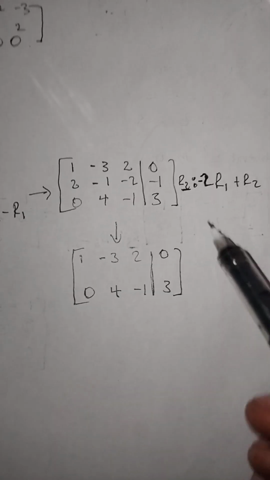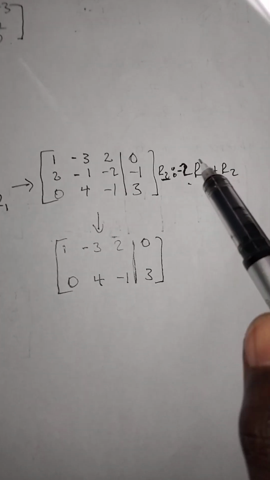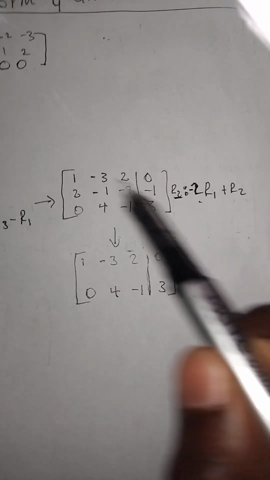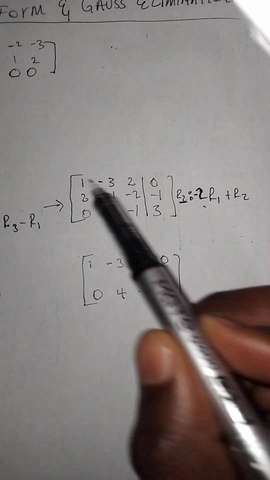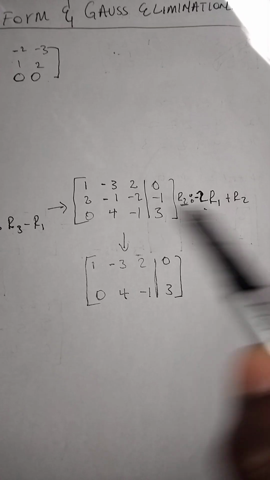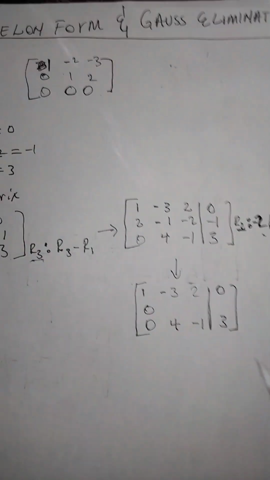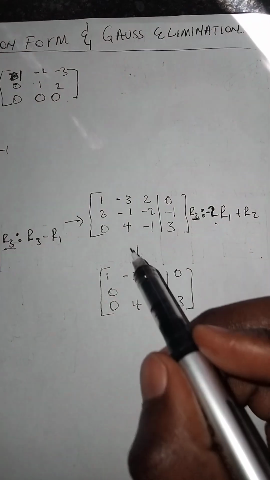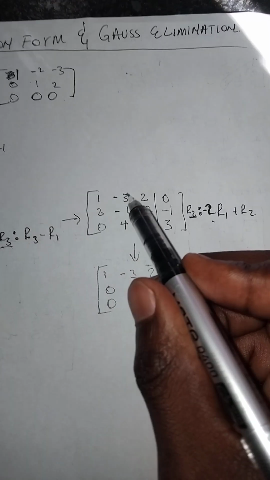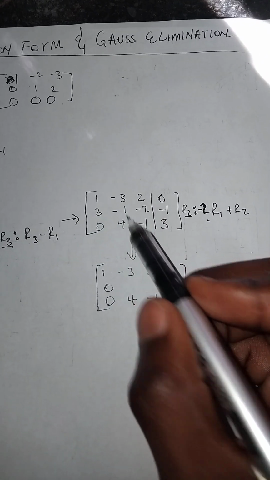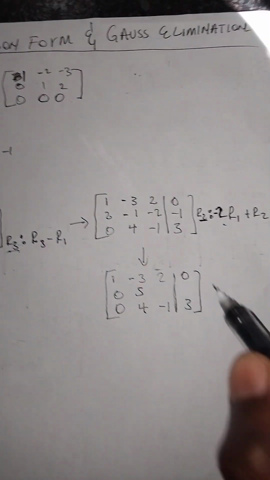Okay, so now we see that minus 2 times row 1. So we start with the first entry, minus 2 times 1, that is minus 2, then plus 2, that is going to give us a 0 there. Then minus 2 times minus 3, that is going to give us a 6, then minus 1, then that is 5.